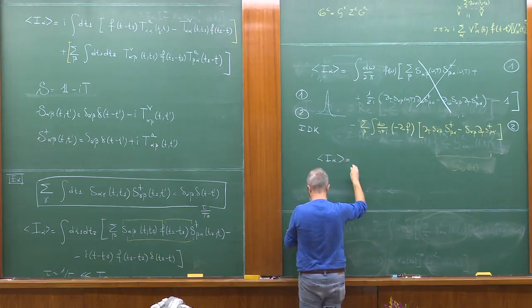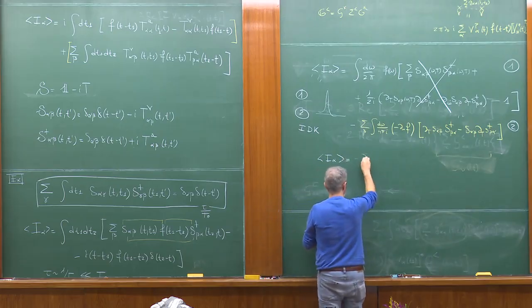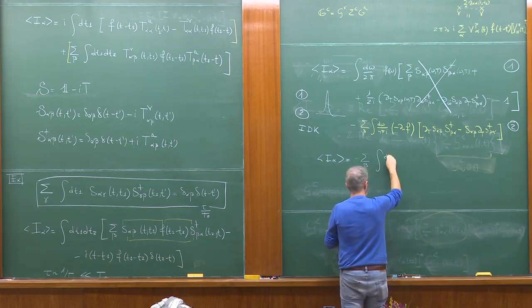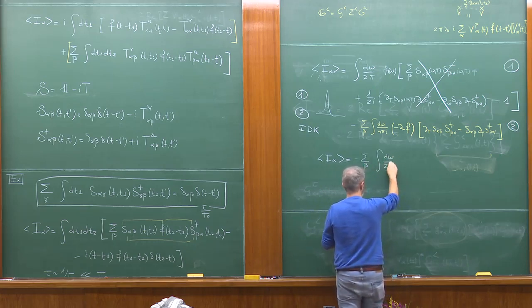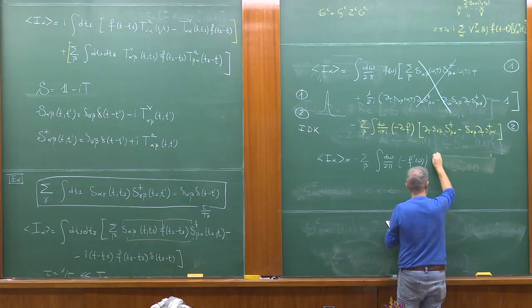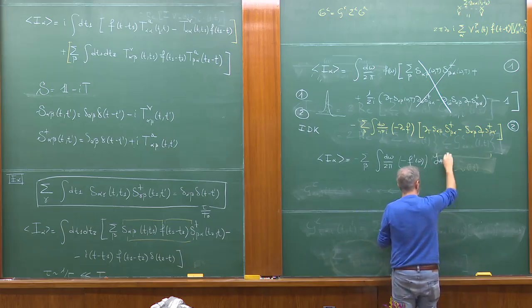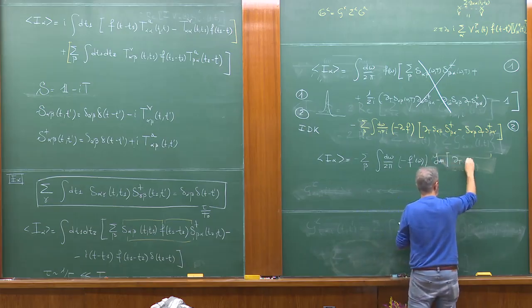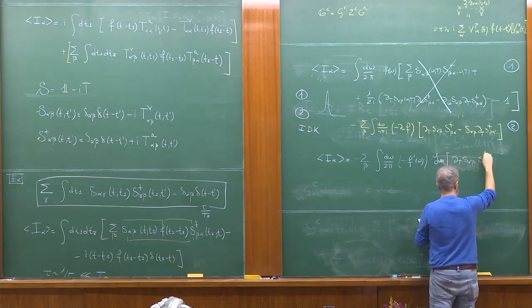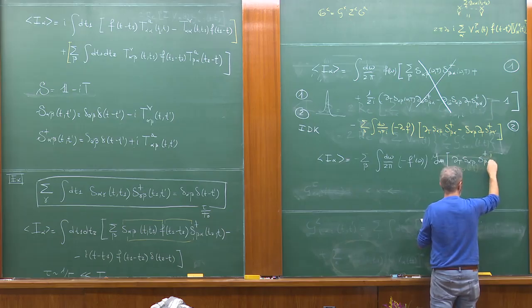I can rewrite it as minus sum over beta, integral d omega over 2 pi, minus f prime of omega times the imaginary part of dt s alpha beta s dagger beta alpha.